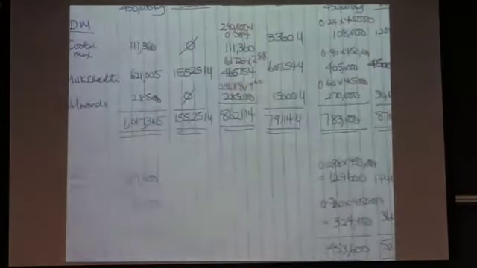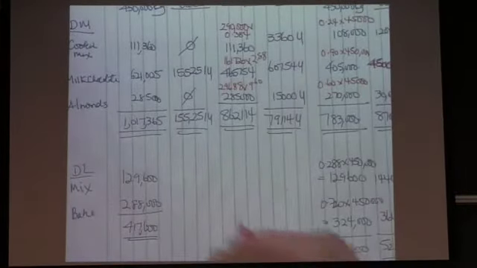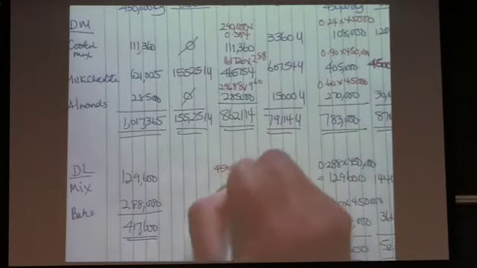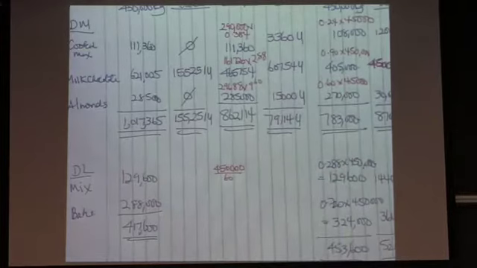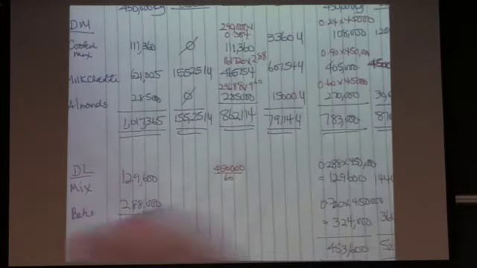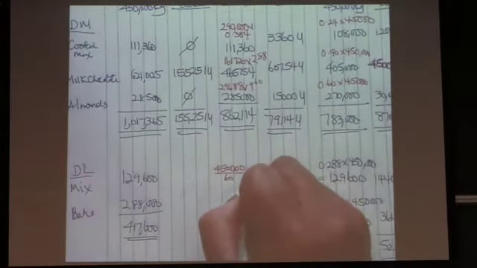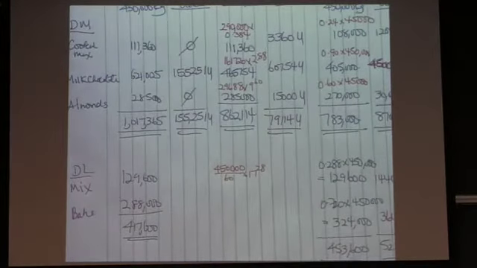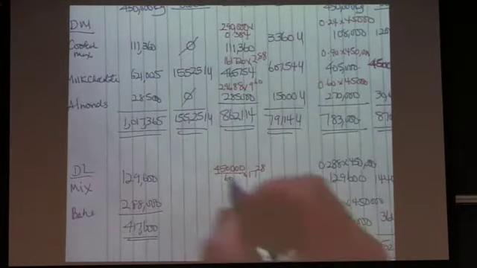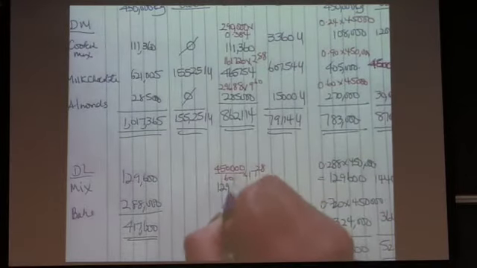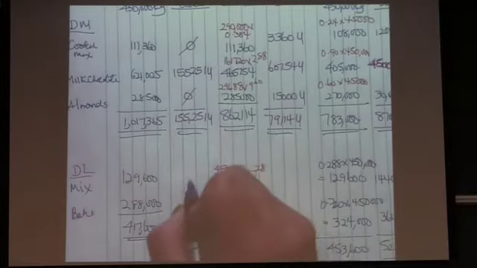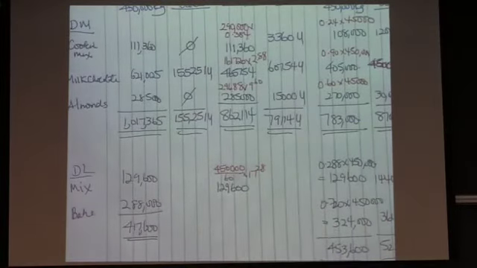So we're going to take 450 minutes divided by 60 minutes to get to the hour, multiplied by 17.28. And we get 129,600.